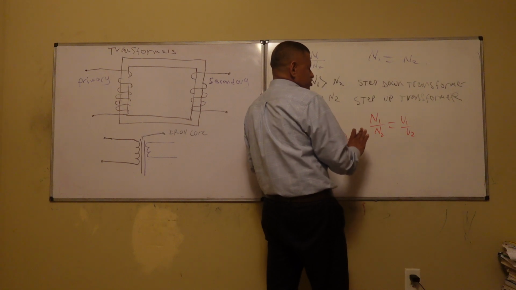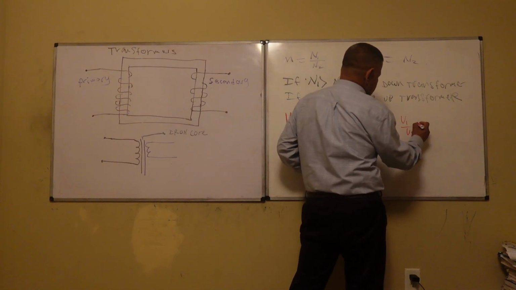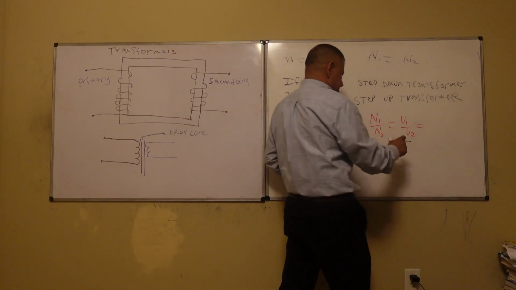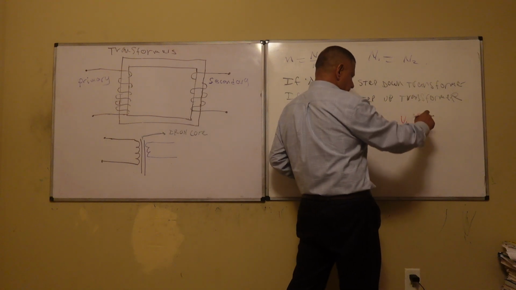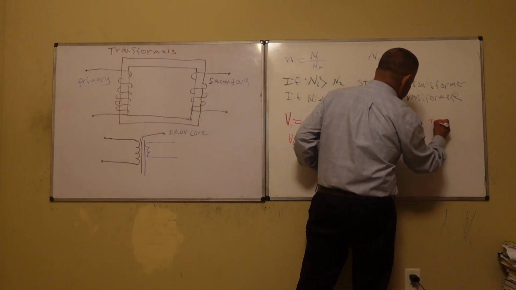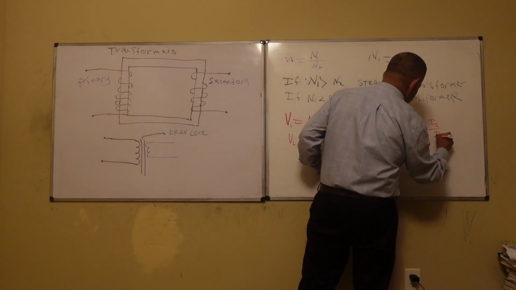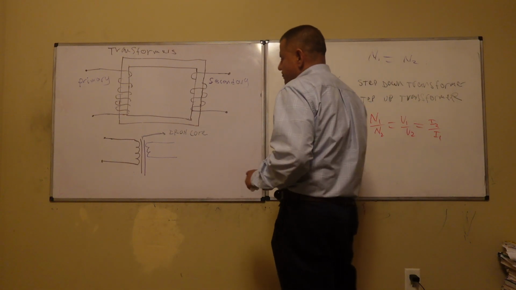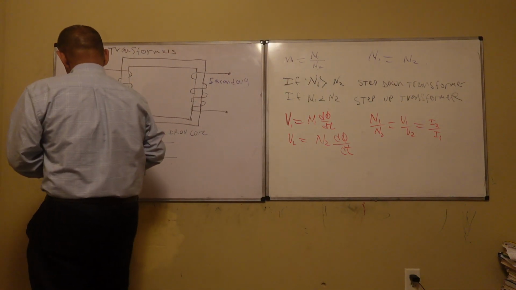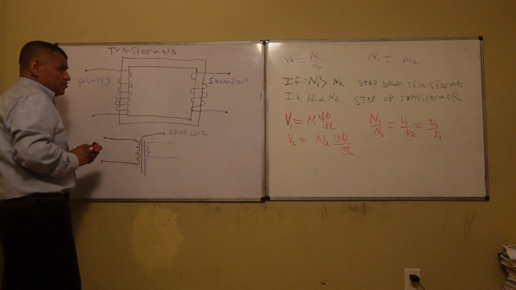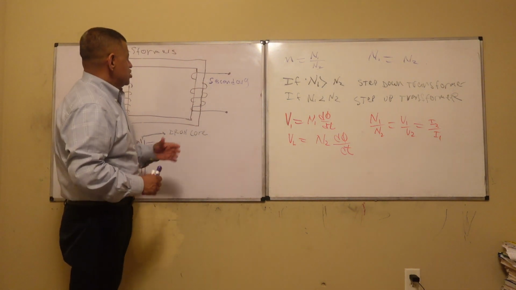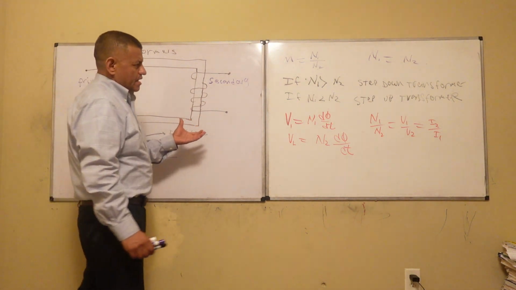But then this is equal to something else, which is the current. But when you do the current, you do the opposite, right? So you do basically the opposite, it's going to be I2 over I1. And the reason for that is because you need to make sense out of it.